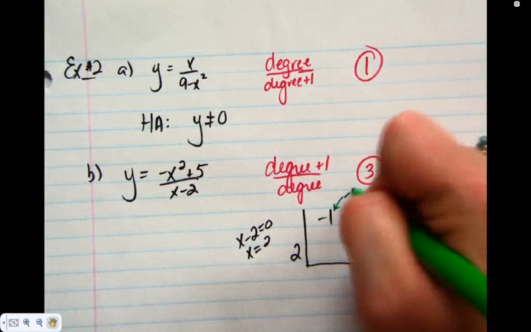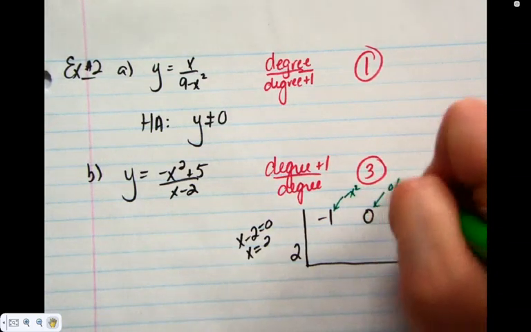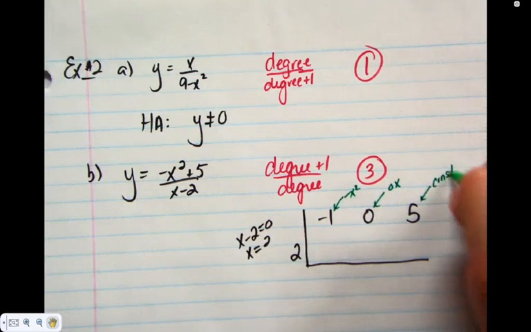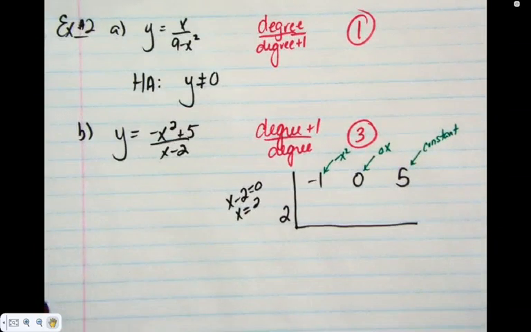The negative is because it's negative x squared. The 0 comes from 0x in the equation, and the 5 comes from being the constant. Again, I know when you've never seen this before, it's like, what? Just follow with me.